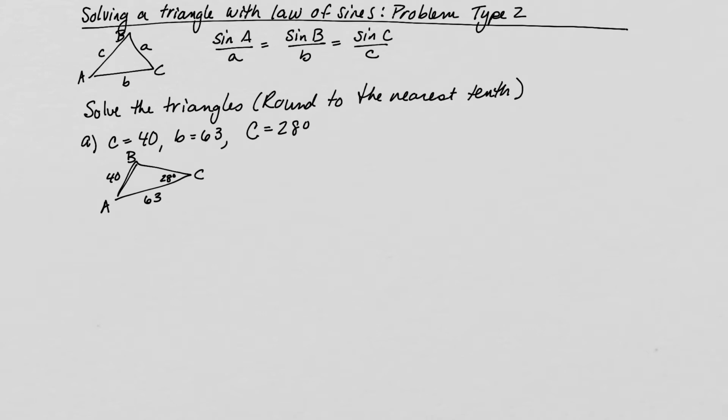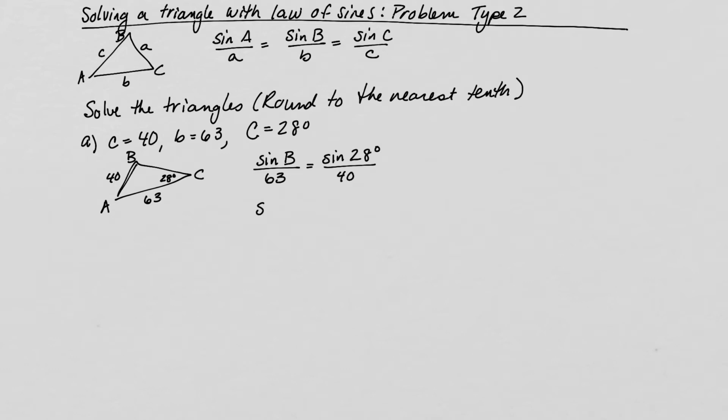The first thing we see is that we have the pair for C, and I have the side for big B, so I have little b, so I can find big B. So we're going to look at the sine of big B over 63 is equal to the sine of 28 degrees over 40.